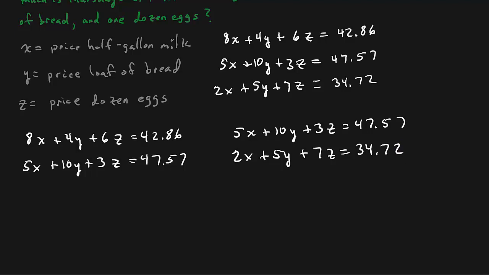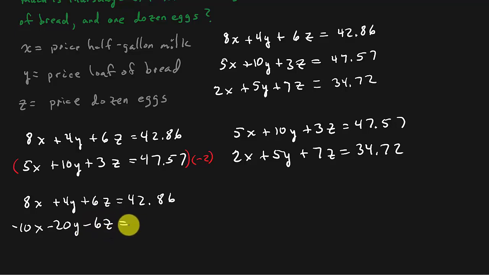So for the first one, I'm going to need to multiply this by -2, right? So that's going to give me 8x plus 4y plus 6z equals 4286. And then I get -10x minus 20y minus 6z equals, and that is going to be -95.14.